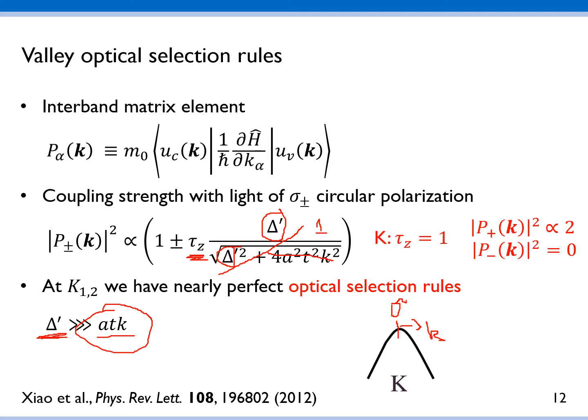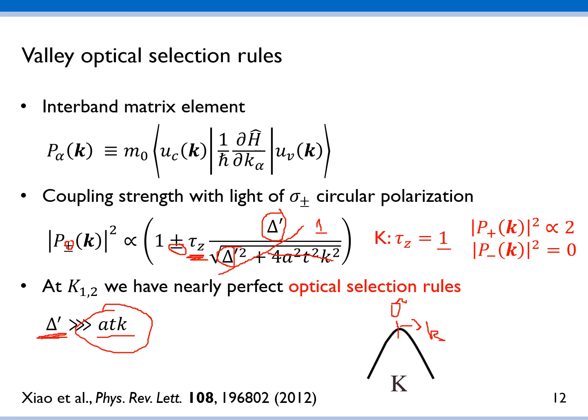So if we do an example, say we want to calculate the coupling strength with different handedness of light for our K valley, and there we have our valley index of 1, then for the sigma plus polarization, we would get a coupling strength proportional to 2, but for the sigma minus polarization, we would get a coupling strength proportional to 0, because we have 1 minus 1, right?